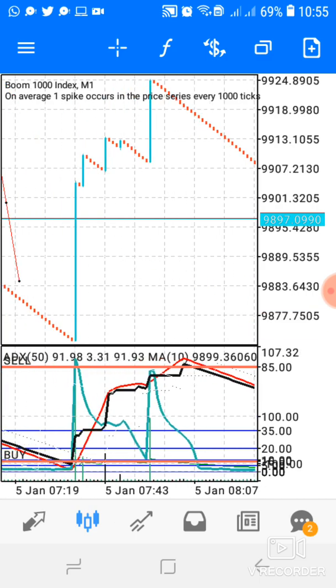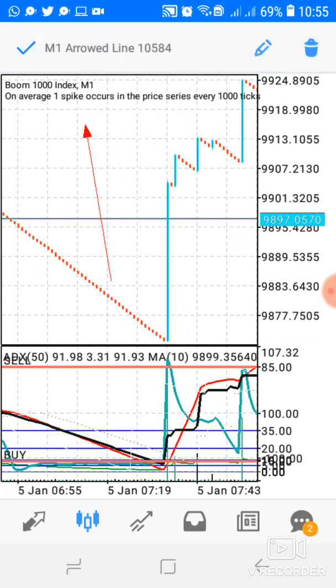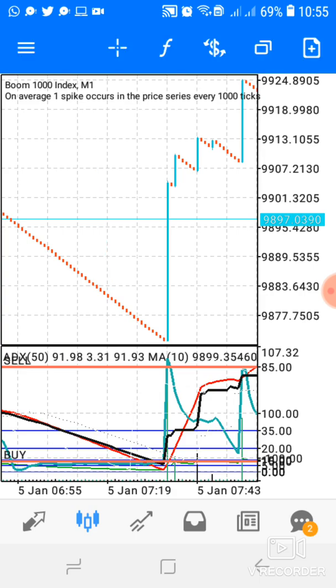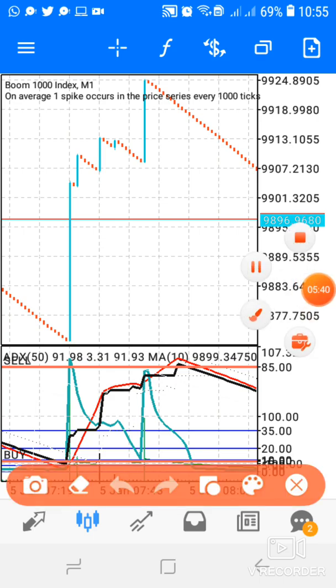What we're going to need here, we're going to need to focus on our Ichimoku. Our Ichimoku is what will tell us if there are more spikes coming using the movements it creates. Look, the lines made here and they made a spark.